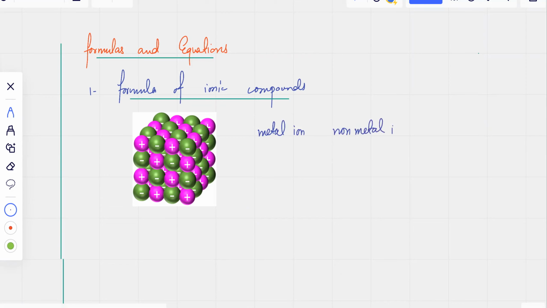One of them was positive, the other one was negative. Okay, so you had a positive ion and you had a negative ion, and they were all strongly attracted to each other, and it was a giant lattice.